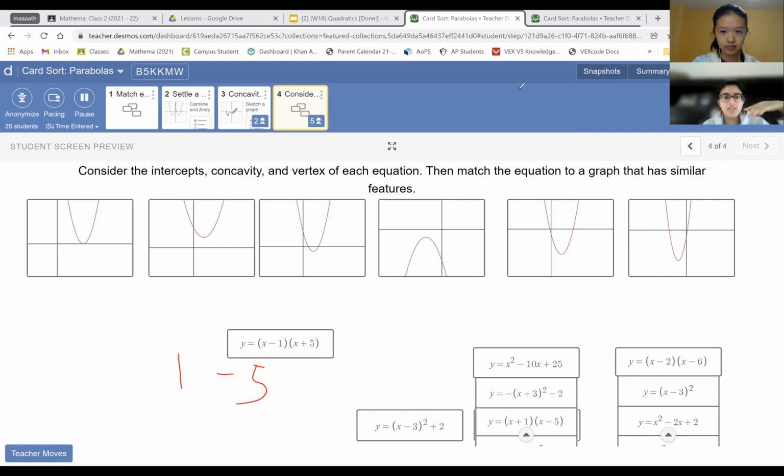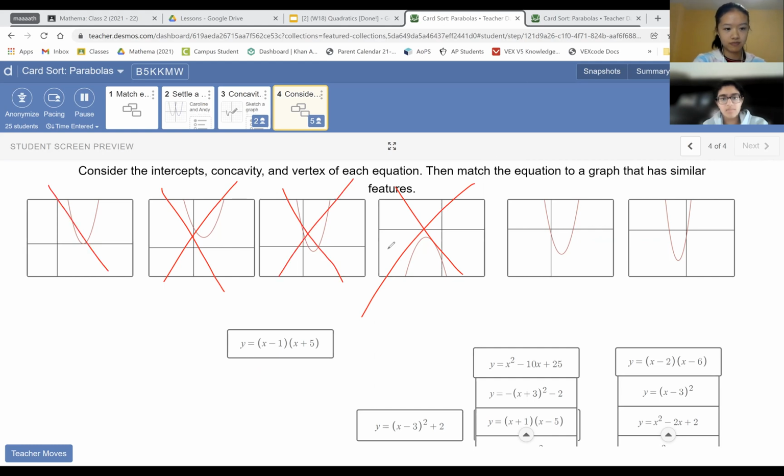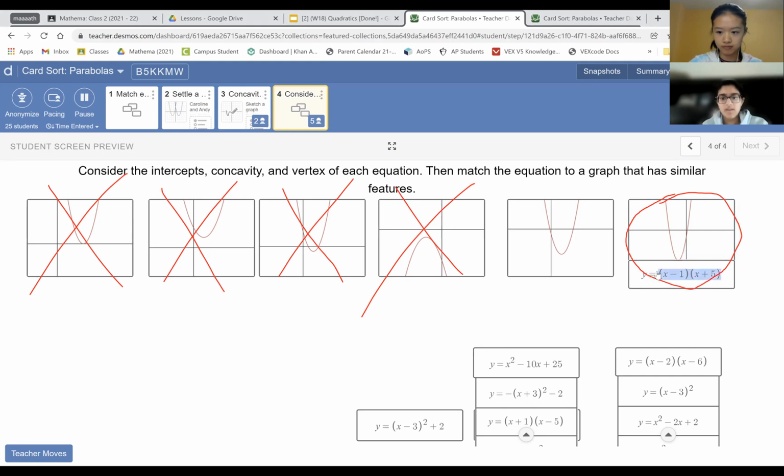So that means it's facing upwards and it has one x-intercept on the right of the y-axis and one on the left, right? So that would look a bit like the one on the right. So we can attach y is equal to x minus 1 times x plus 5 to that, right?